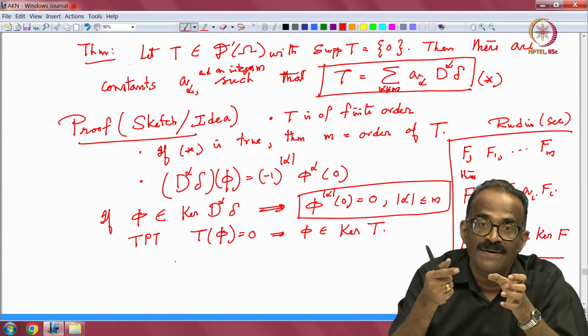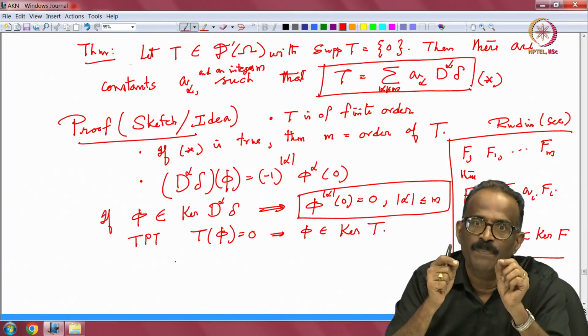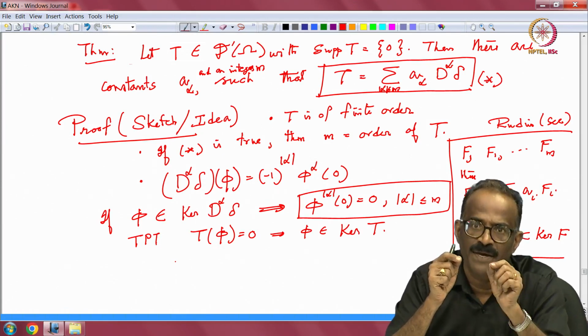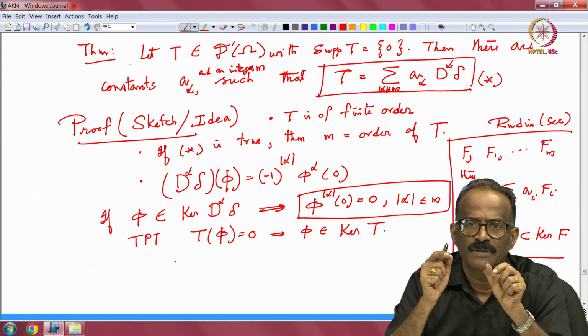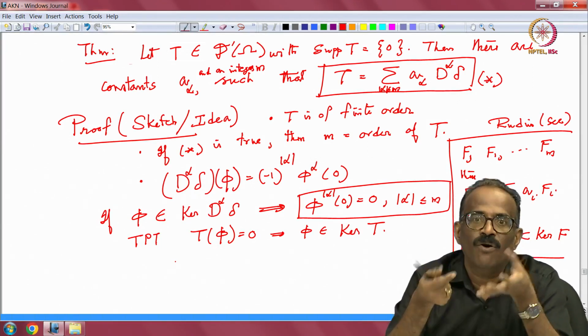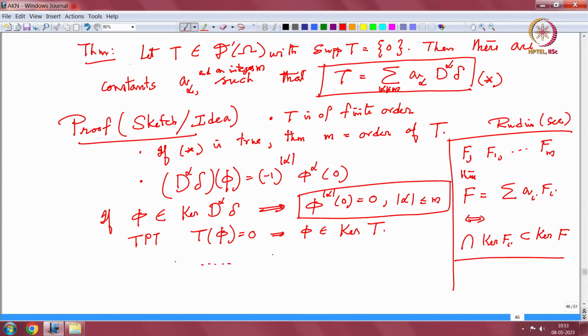So, with all that you can show that T of phi depends only on the derivatives of phi up to order m in a neighborhood of the origin, and that means T of phi will also be small. So, complete the proof with that. You have to write down that estimate completely, basically showing that modulus of T of phi is less than or equal to epsilon for arbitrary epsilon.